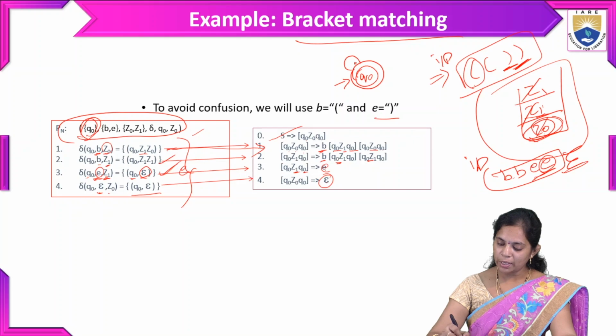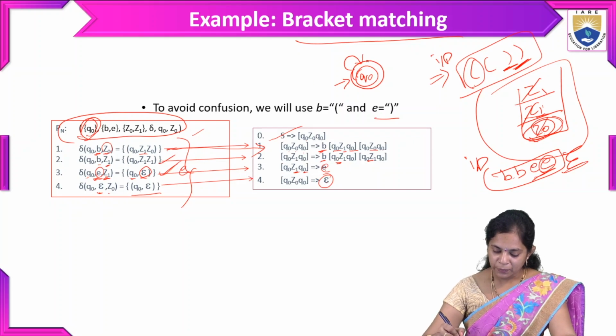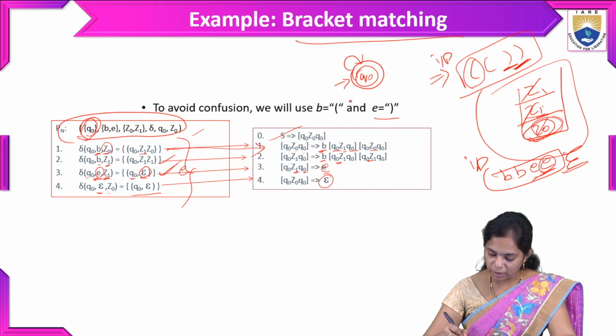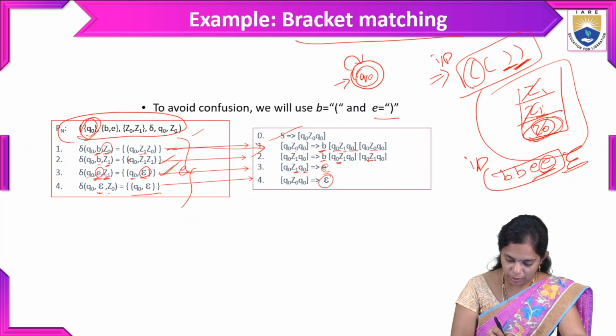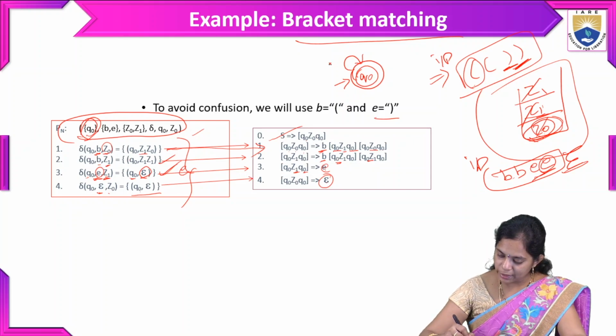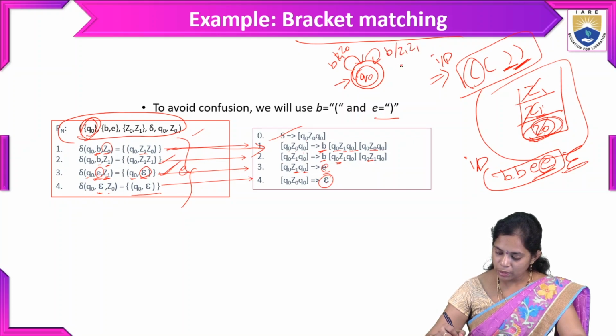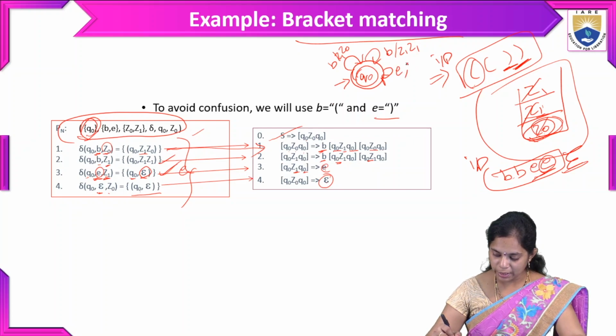And we need to write the equations like S tends to, B is the input symbol, and we need to write Z1, Z naught and B with this Z1, Z1. And for E, while reading the E input value and the top of the stack, we need to write epsilon, and while reading epsilon we are going to read epsilon.